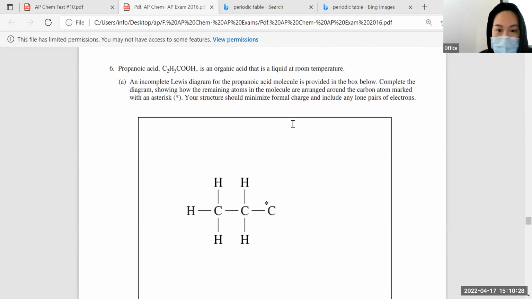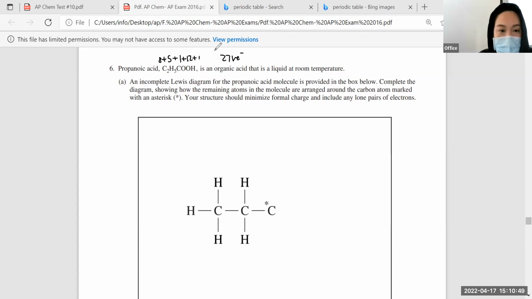Total number of valence electrons is where I'm going to start, right? Remember, so this is 8 plus 5 plus 1 plus 12 plus 1, right? So what is that? 10, 22, 27 valence electrons?